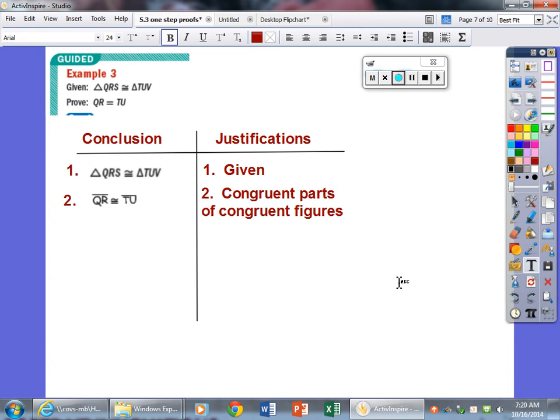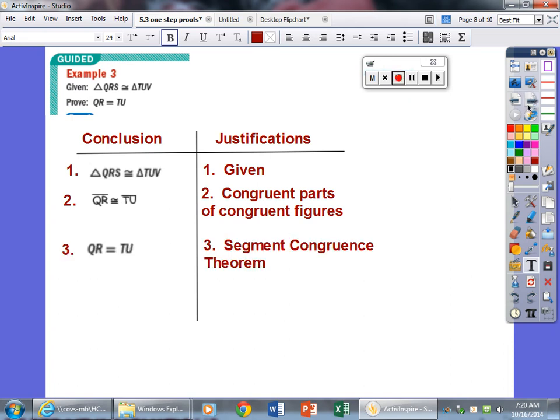Now, I haven't quite finished yet because this is not the congruency symbol right here. This is the equal symbol. So I'm going to have to use something else to move from being congruent to being equal. And what I can use is the segment congruence theorem, which tells me that if two segments are congruent, then they have equal measures.